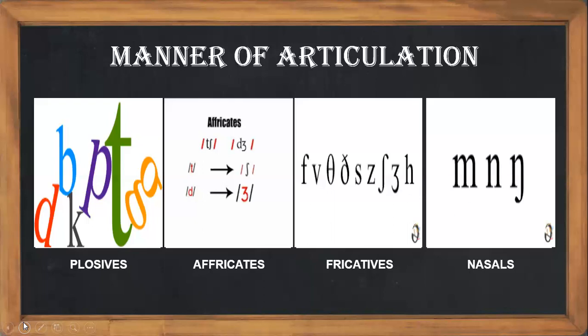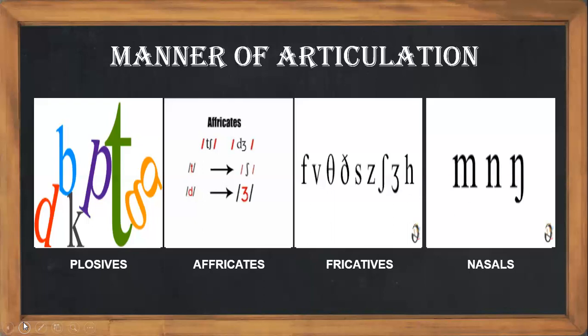The active and the passive articulator come together and completely stop the passage of the air. The soft palate also rises up and closes the nasal cavity, therefore there is no chance of the air escaping from the nasal cavity.